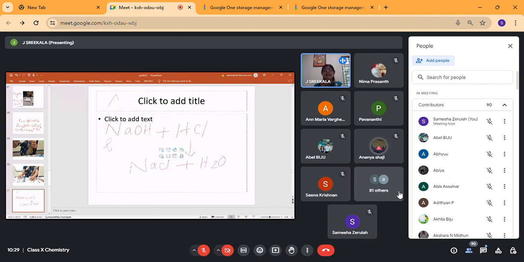Base reacts with the acid to produce salt and water. So what is it known as? Neutralization reaction. So remember, what is a neutralization reaction? It is the reaction of an acid with a base to produce salt and water.